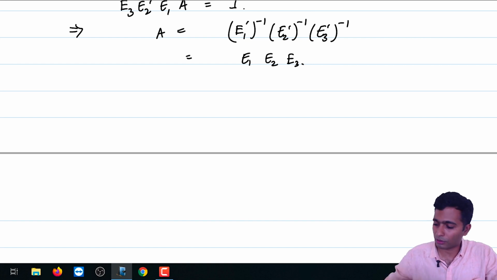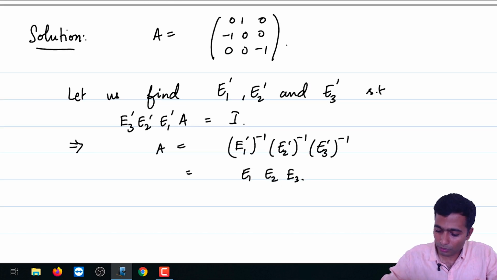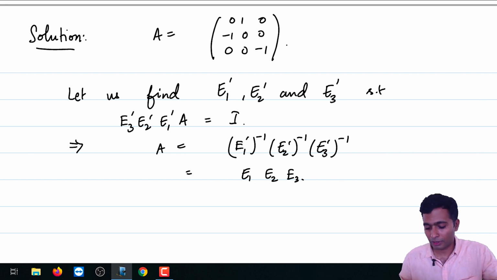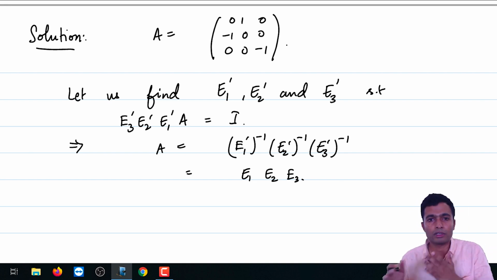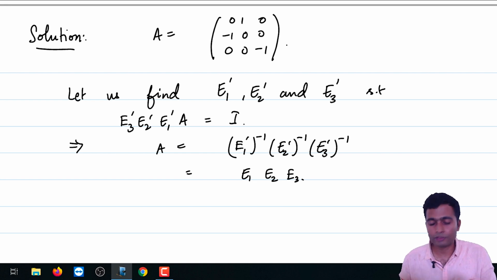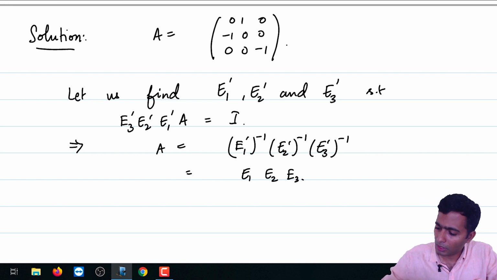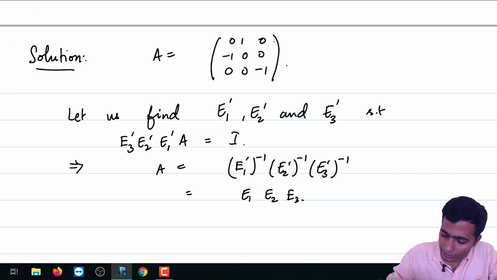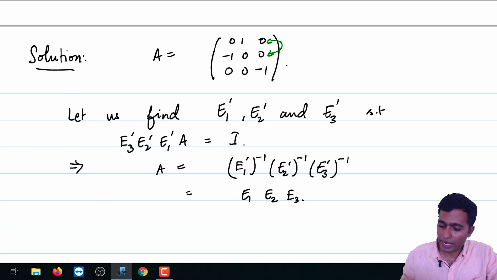So let's focus on this. Our immediate goal is to find E1 prime, E2 prime and E3 prime such that after the relevant row operations we get back the identity. The first one is to exchange the first row and the second row.